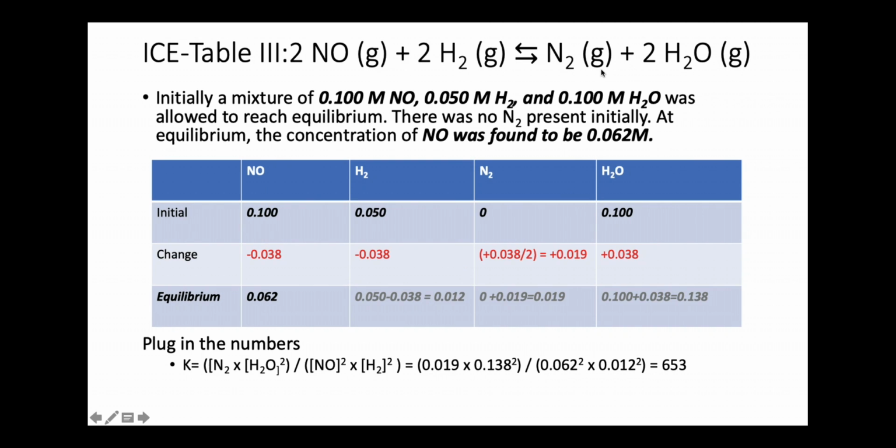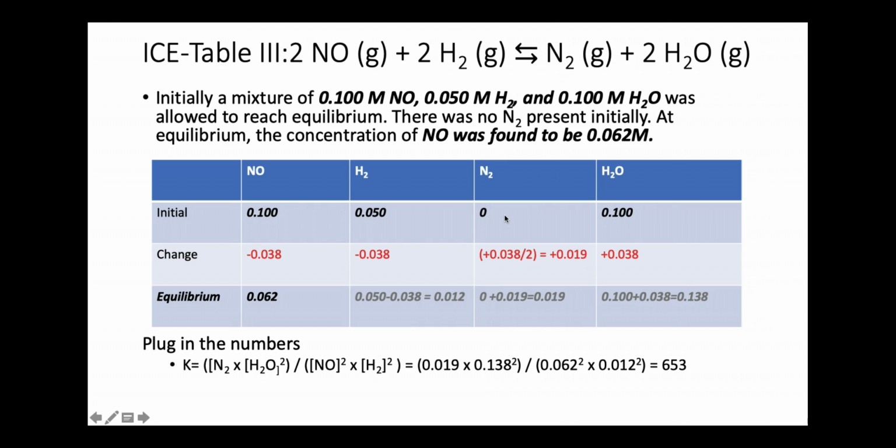Now we're going to fill in everything. Because we know the initial concentration of NO and my equilibrium concentration, the delta, the change, is what has changed. And because the ratio between NO and H2 is 1 to 1, see here in the formula, we can also say the decrease of H2 is the same as the decrease of NO. For the product side, we know the ratio between NO and N2 is 2 to 1.